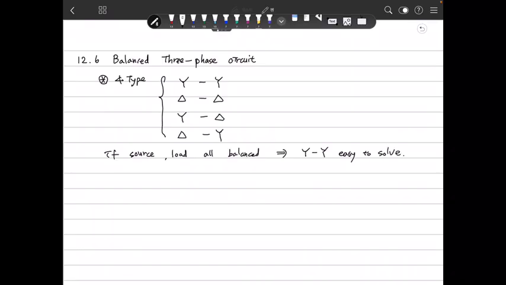So when you analyze a 3-phase circuit with very complicated configurations, you need to transform the source and the load to the Y configuration.